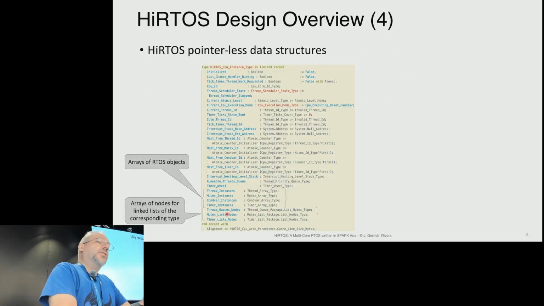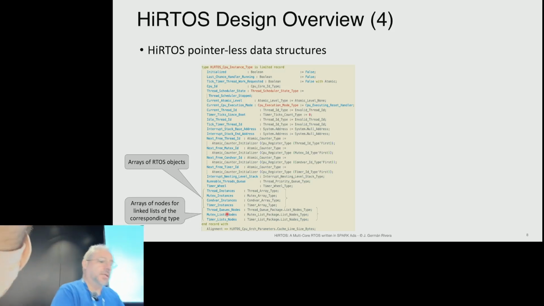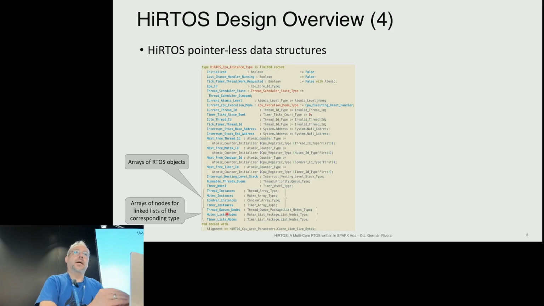Another interesting feature of how HiRTOS was designed is the use of pointerless data structures, in alignment with what Jeffrey presented earlier. I also think that access types should be avoided if possible. Since the RTOS is very close to the metal and uses a very minimal Ada runtime library, no advanced Ada features can be used unless you make the runtime library bigger.